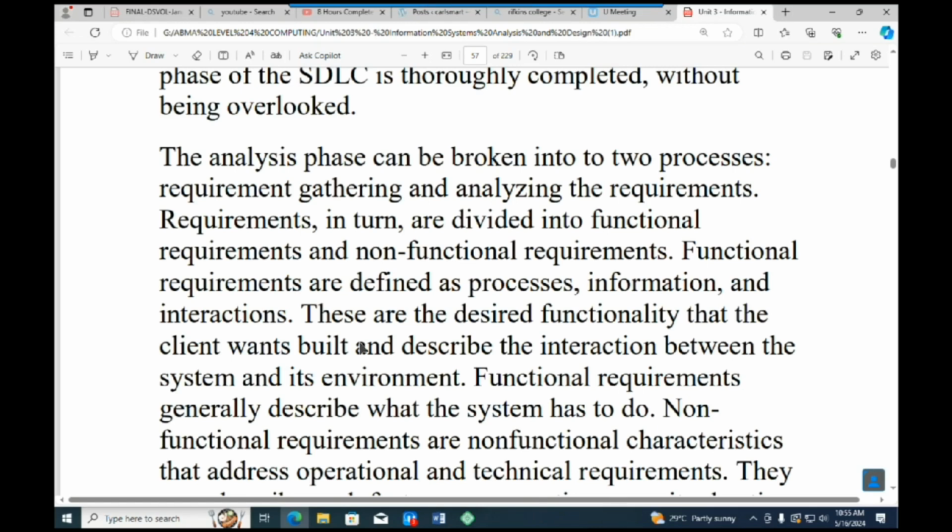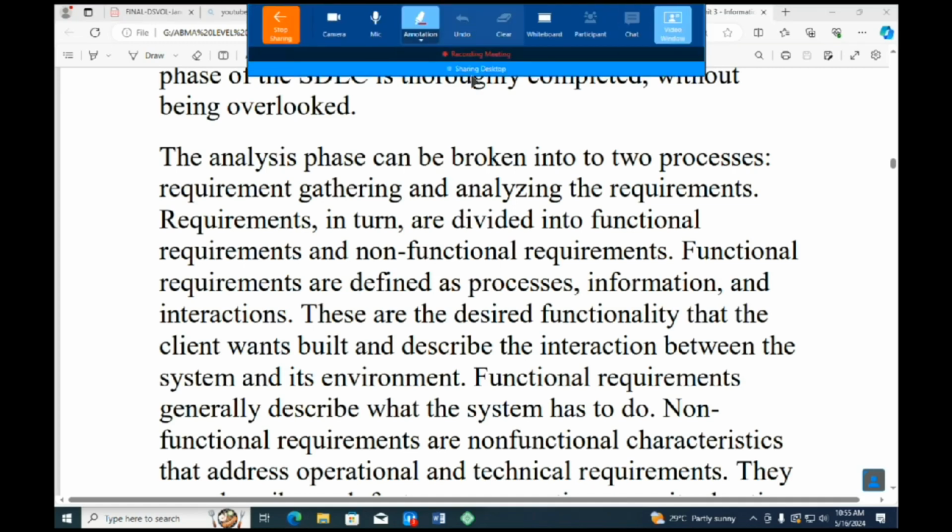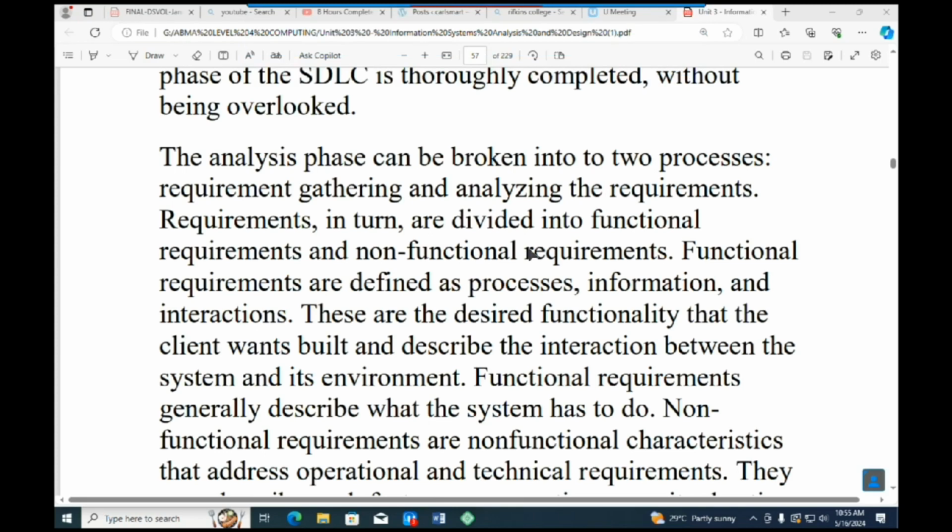But again, when we look at the requirements, we can have different types. We can divide the requirements into either functional requirements or non-functional requirements.